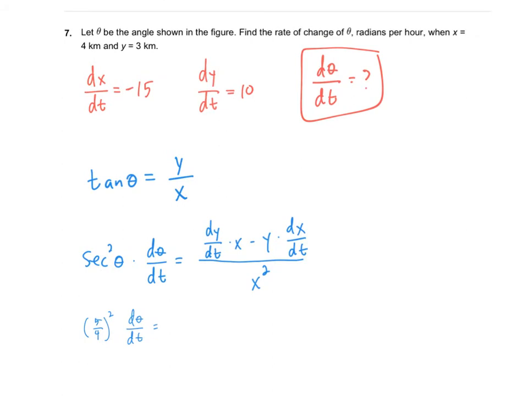So dy dt is 10 times x, which is 4, minus y, which is 3, times dx dt, which is negative 15, all over x squared, which is 4 squared.